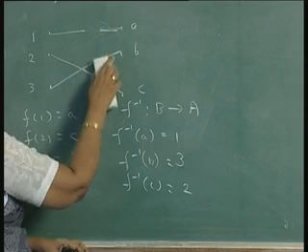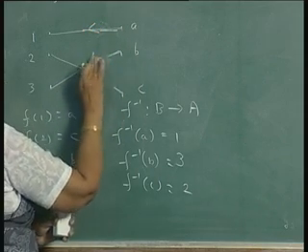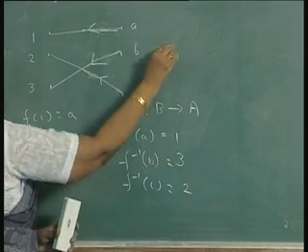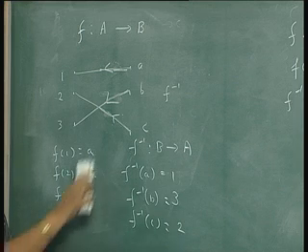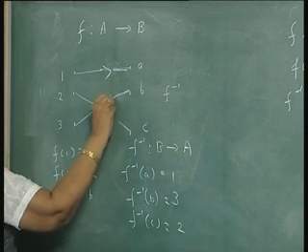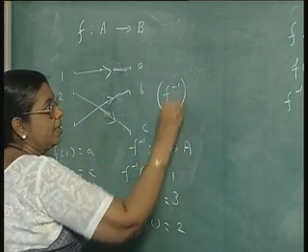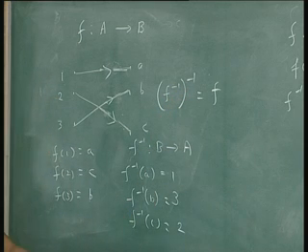F inverse was represented like this. This is f inverse. Now we again take the inverse, again you have to change the arcs. So the inverse of f inverse is f itself.